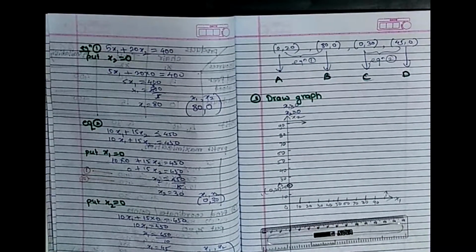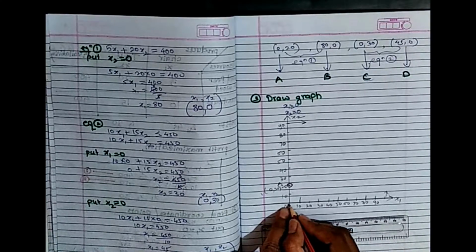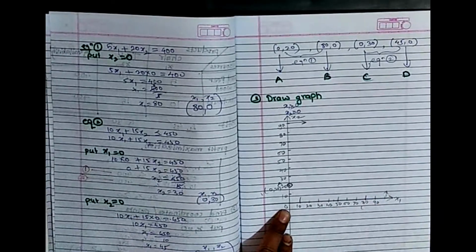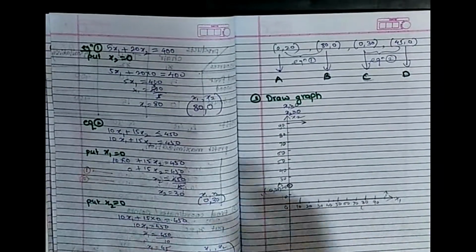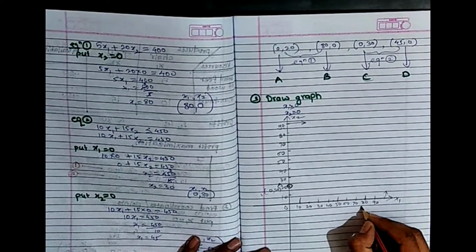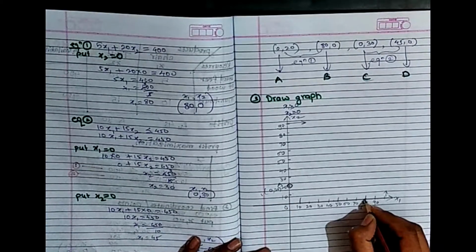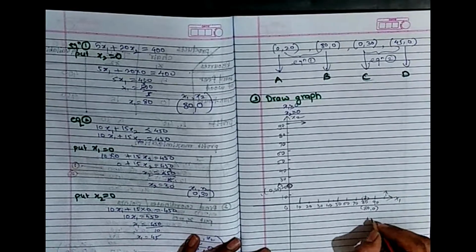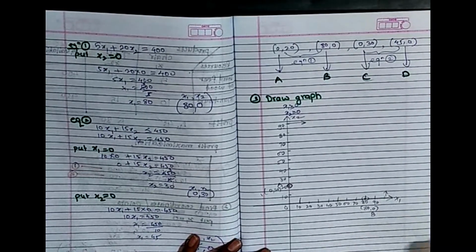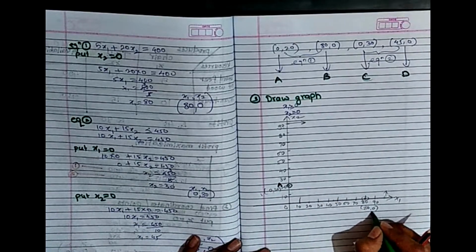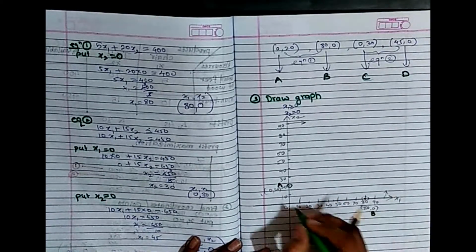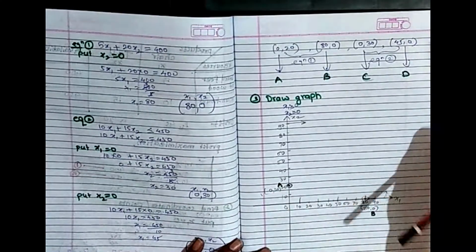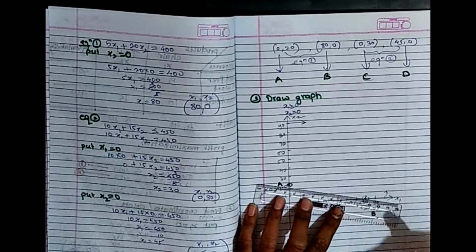So the next point is 80 of x1 and 0 of x2. So this is our second point, 80, 0. This is B. This is A, B. This is equation 1. As we have completed one equation, we will draw this as a line.